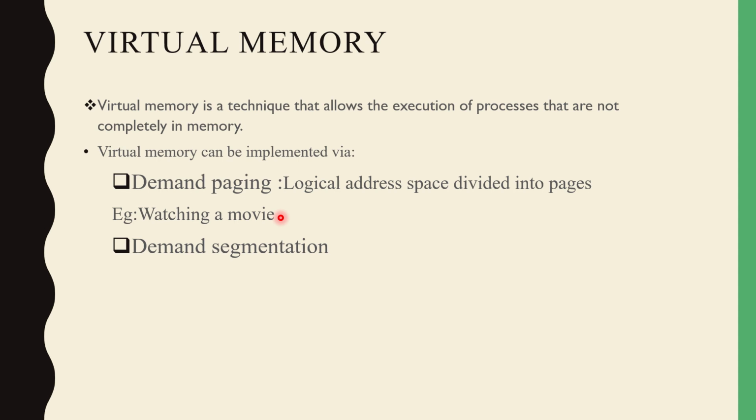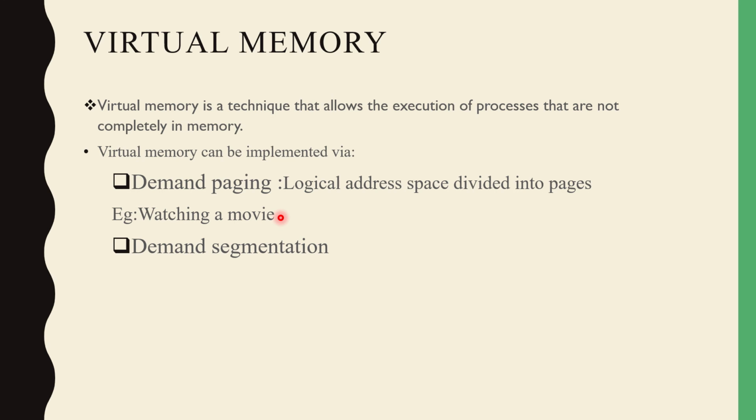Suppose 5 minutes is one page: that first 5-minute page is loaded into your main memory and executed. Once that 5 minutes is executed, that page is replaced back to secondary storage, maybe a hard disk, correct?